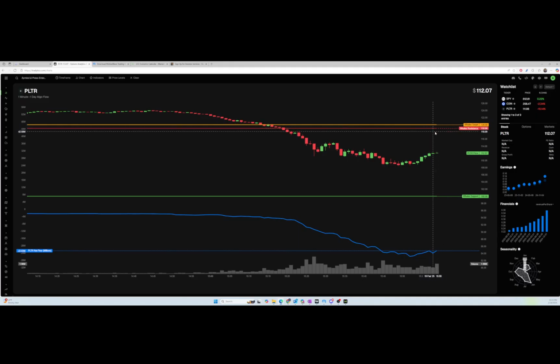This red line right here is where whales set a resistance of $119. Now, the support that whales set was $100. We talked about the importance of that $105. So there's no surprise that 120 or 119 is the resistance and $100 is the support.